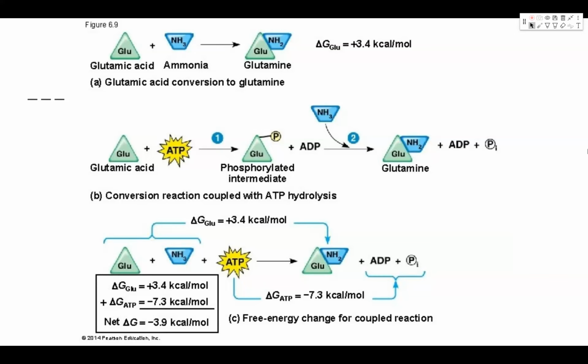We got our next step in the reaction. This is where our ammonia comes into play. That ammonia is now going to be added to that phosphorylated intermediate. So we've got our phosphorylated intermediate, and that NH4, that ammonia, is going to be on there.